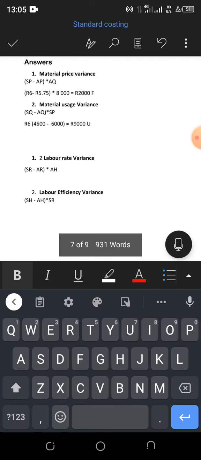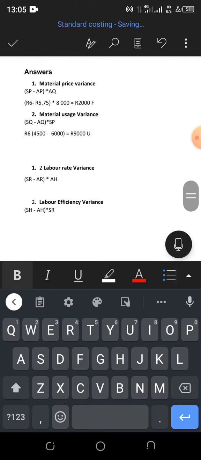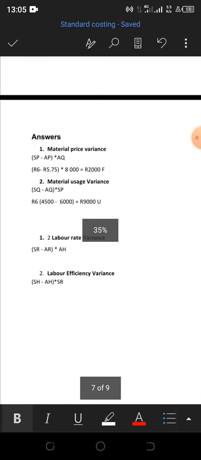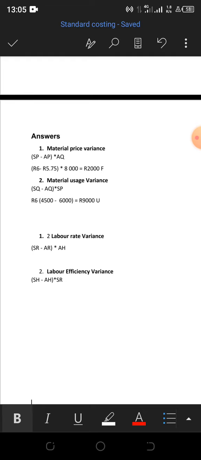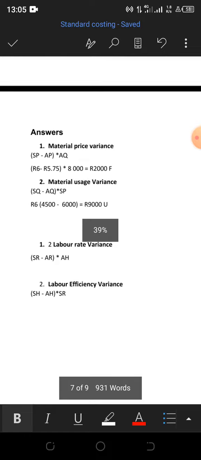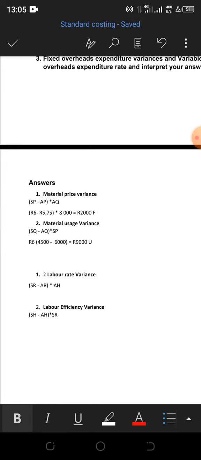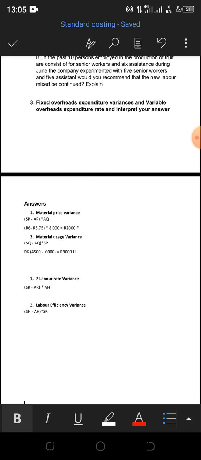So now let's start with the labor rate variance. Okay, we have the standard rate on the formula minus the actual rate multiplied by the actual hours. Okay, let's start.